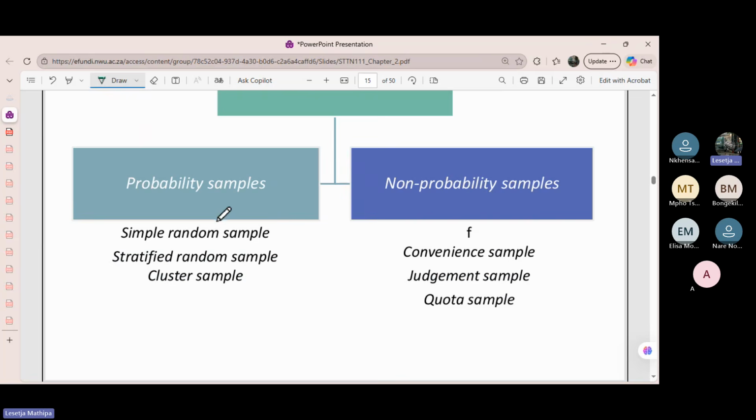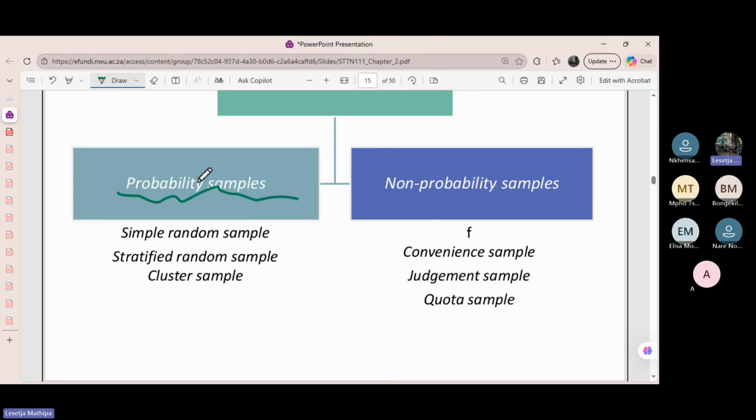Let's see. Yeah, look at this. They can ask you, which one of the following is not an example of probability sampling. Well, you must know, it's simple random sample, stratified random sample, cluster sampling. Those ones are the examples of probability sampling. We are going to use them for our calculations.